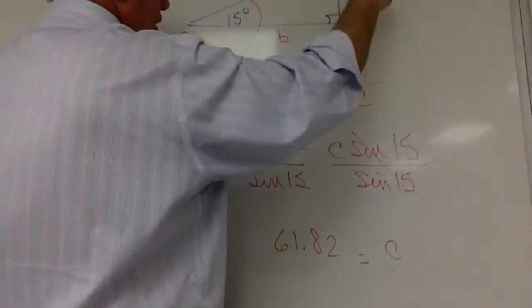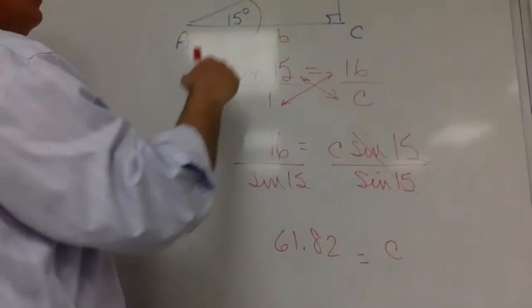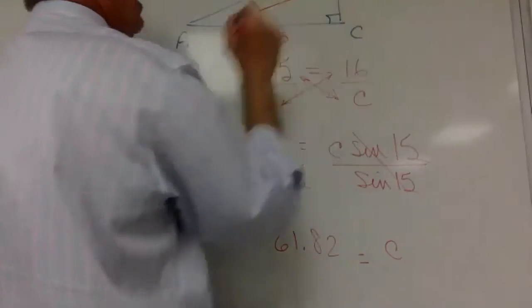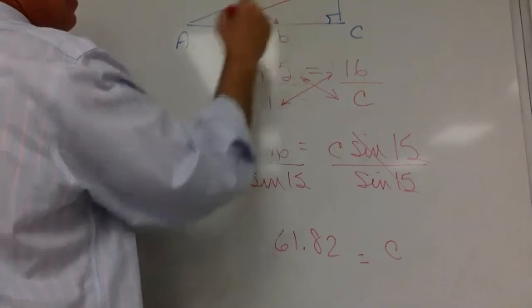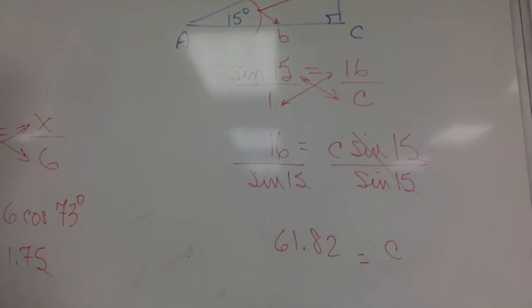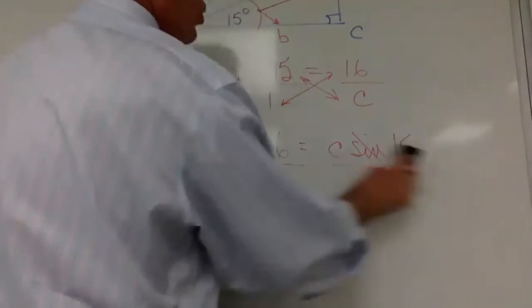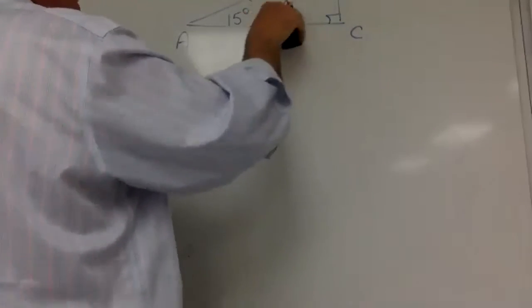It's either opposite, adjacent, or hypotenuse. What is that? Opposite. And what's this? Adjacent. What's opposite over adjacent? SOHCAHTOA, tangent. The tangent. Very good.